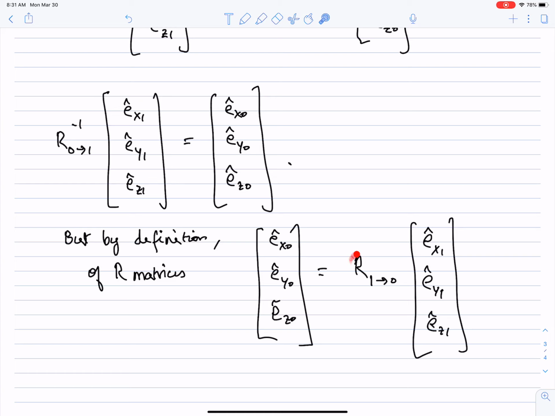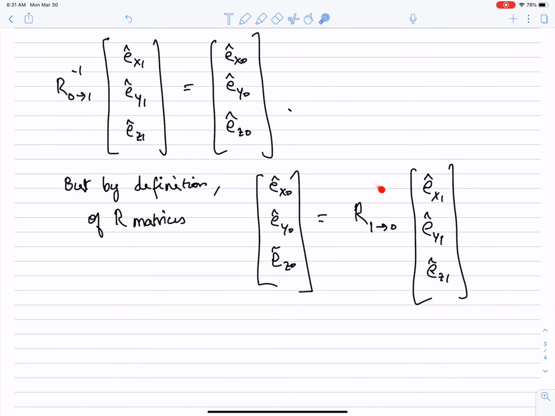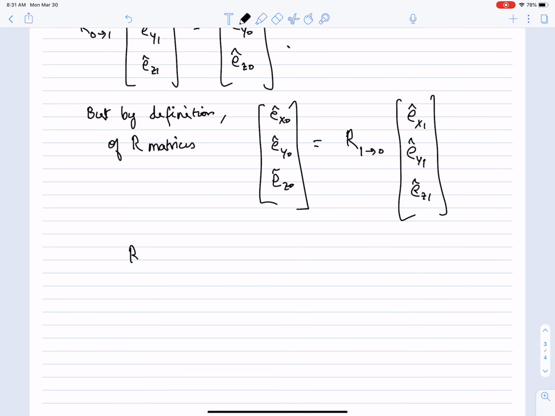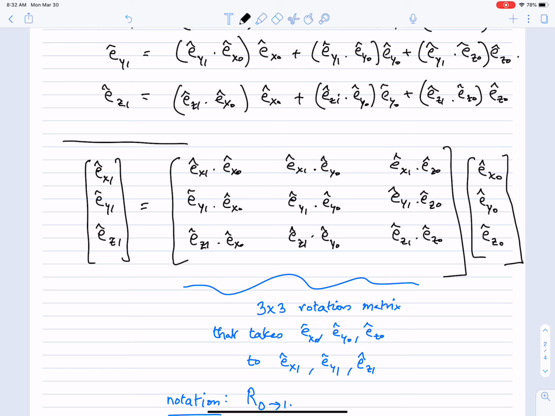That's the way we've defined notations. So if you compare these two relationships, of course, we have R1 to 0 equals R0 to 1 inverse, which makes sense. Okay, R1 to 0 is R0 to 1 inverse, and R0 to 1 itself is this matrix of dot products.